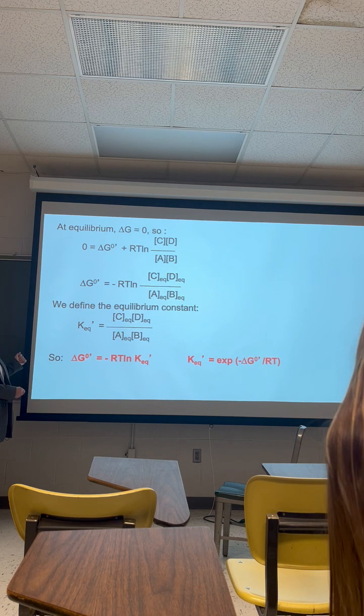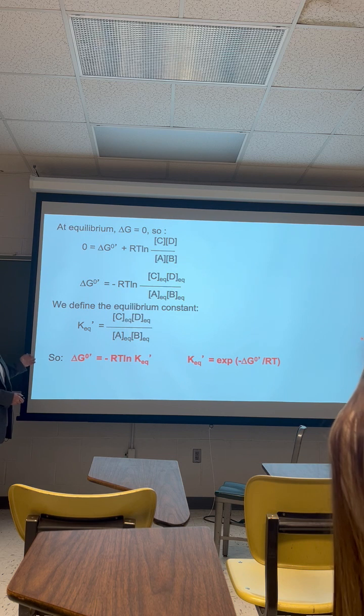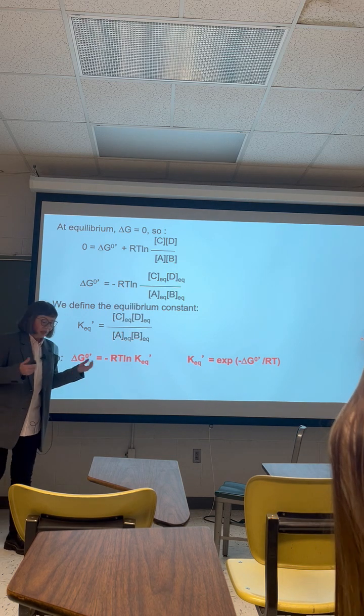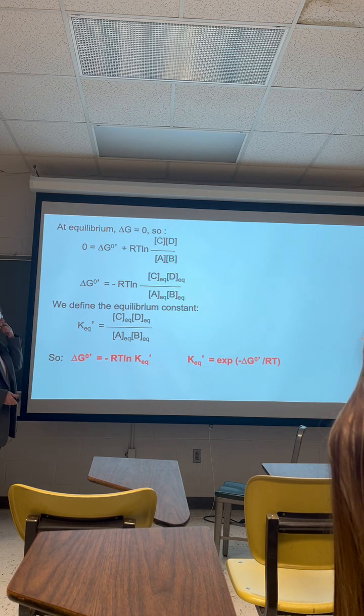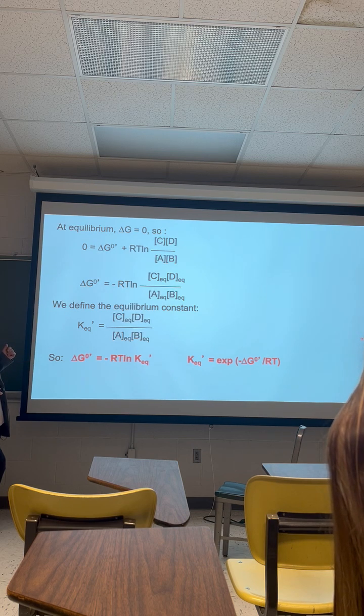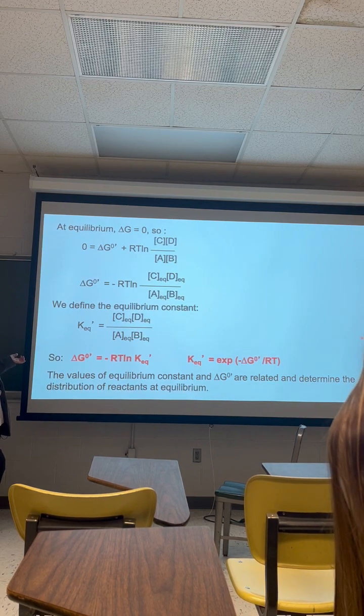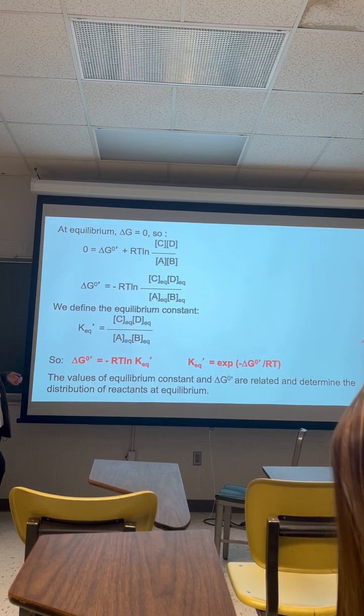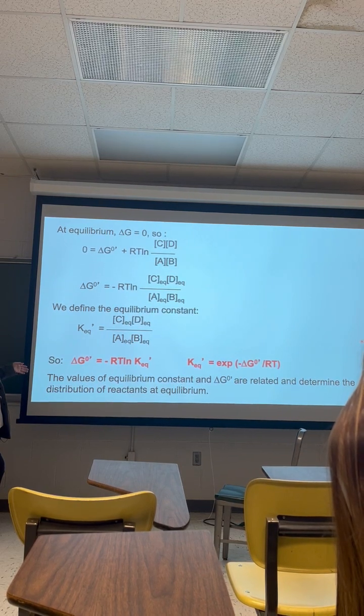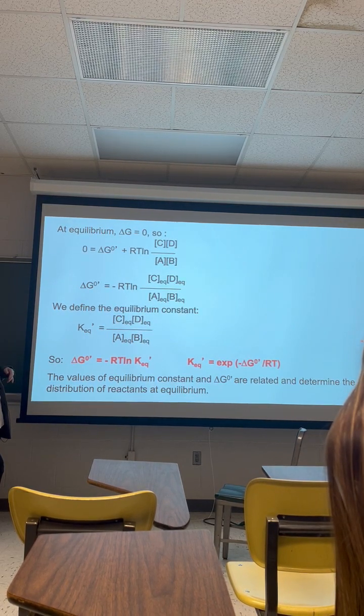Those values, delta G0 prime and K equilibrium, you can easily find anywhere: textbooks, internet. They are known for common reactions, actually for all known reactions that take place in living cells. So the values of equilibrium constant and delta G0 prime are related.